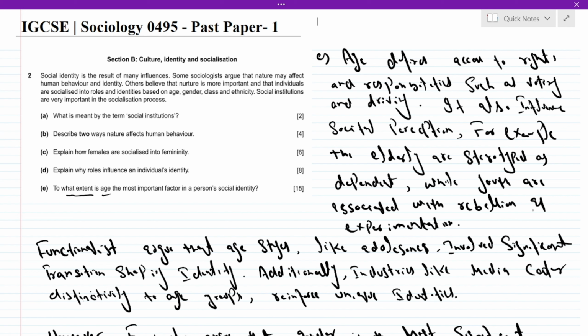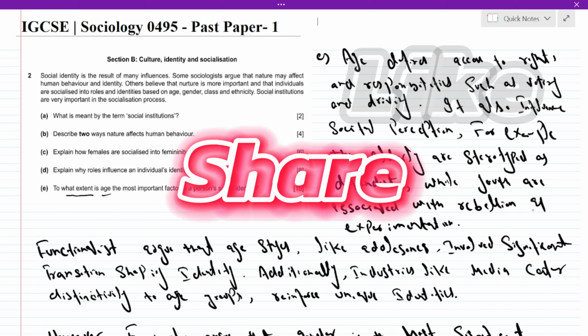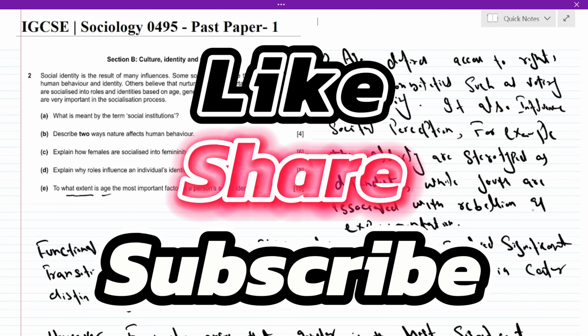So for now, we provided a supportive argument, then an opposing argument, and based on both, we write a conclusion that other than age, a few more factors are very important in shaping personal social identity.